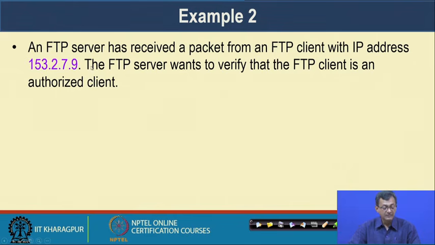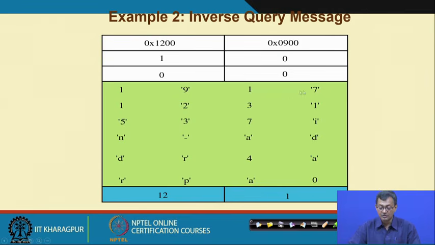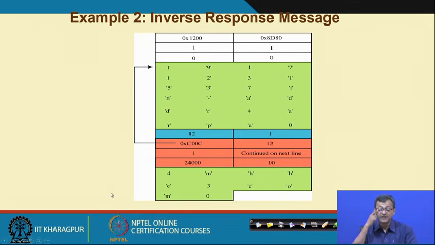So, if I have 9.7.2.153, then it becomes 9.7.2.153.in-addr.arpa. So, this is the way it resolves, and the inverse response returns the particular name, which is mhhe.com, the name of the particular domain.